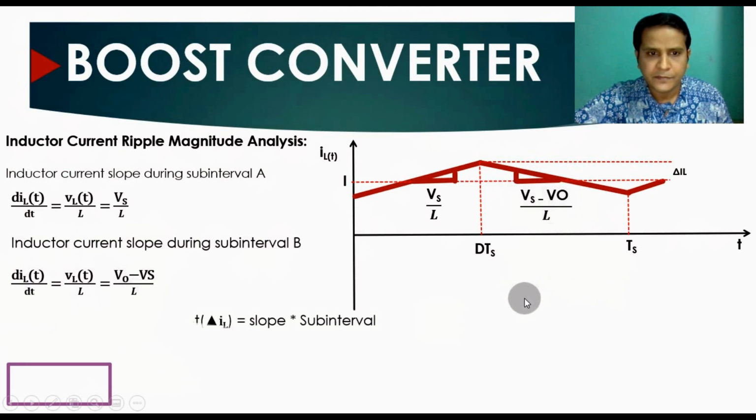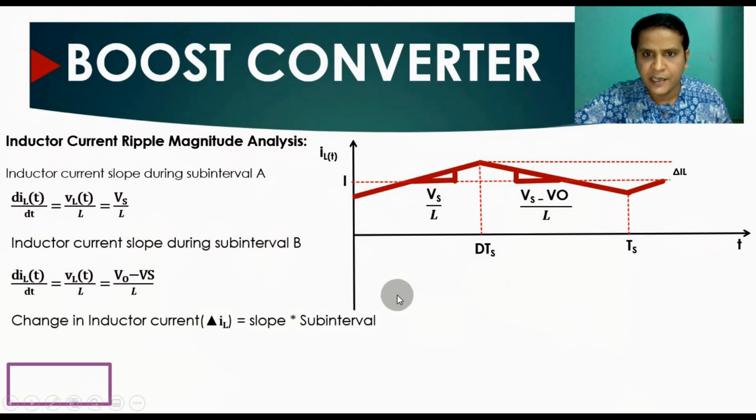Okay. So you already know that the change in inductor current, delta IL, is given by slope into subinterval. So the change in inductor current delta IL is given by the slope Vs over L into dTs.